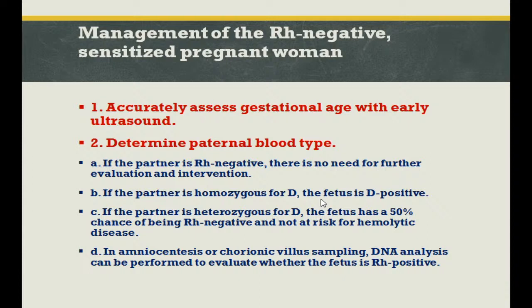If the partner is homozygous for D, the fetus is D positive exactly. If the partner is heterozygous for D, the fetus has 50% chance of being rhesus negative and not at risk for hemolytic disease. In amniocentesis or chorionic villus sampling, DNA analysis can be performed to evaluate whether the fetus is rhesus positive.